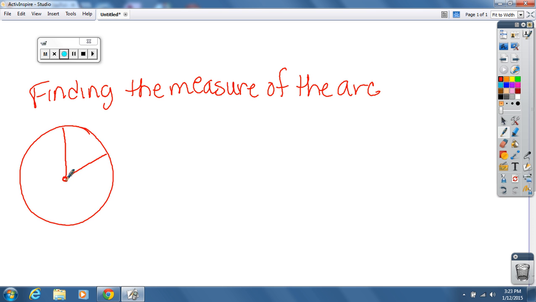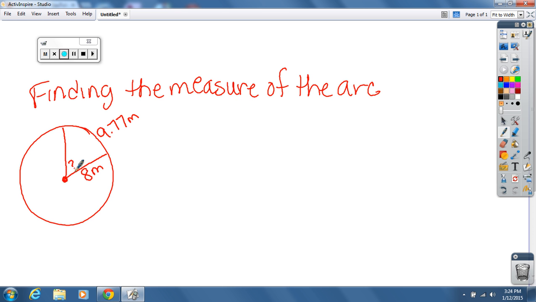How about here? I'm going to tell you that the measure of the radius is 8 meters, and the measure of the arc length is 9.77 meters. So you've been given the measure of the arc length, or I should say the length of the arc. Now I want to find the measure of the arc.